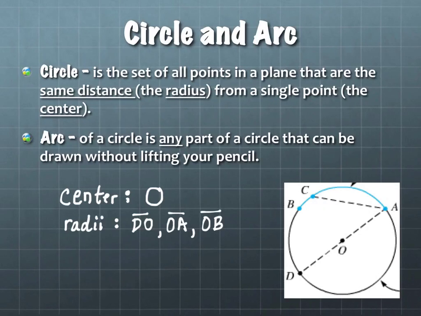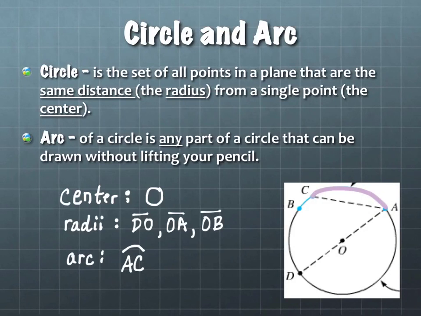How about some arcs? So an arc is a portion of the circle. It's curved, obviously, and I can draw it without picking up my pencil. So if I use another color here, this piece right here would be an arc. It'd be arc AC. Now, notationally, how do I write that? Well, I write the AC, and then I write an arc on top of it like this.